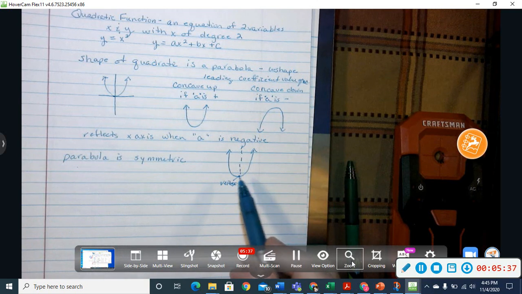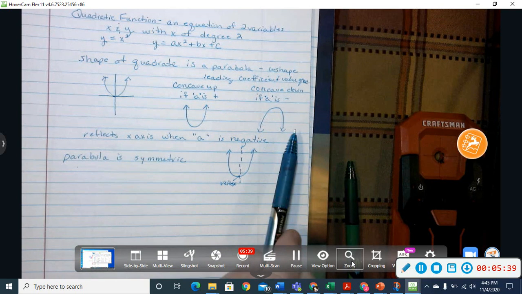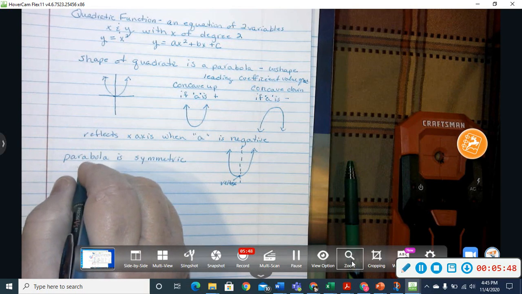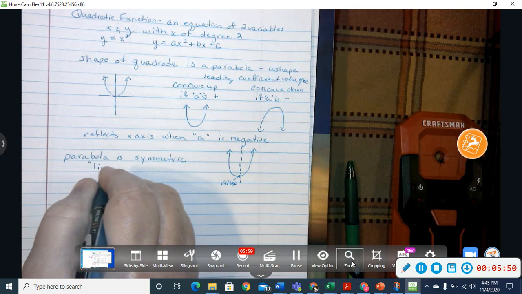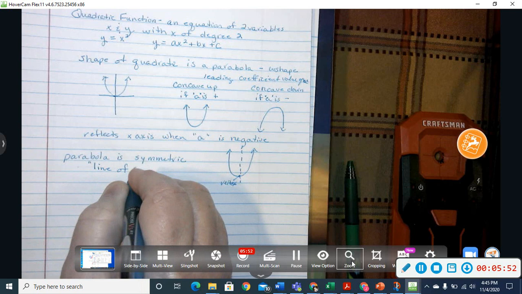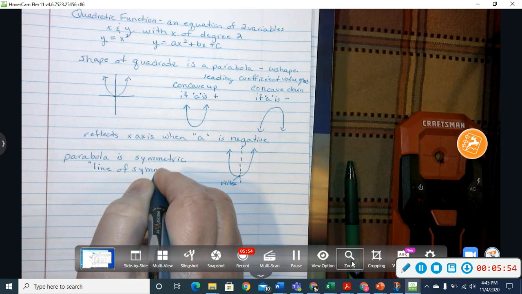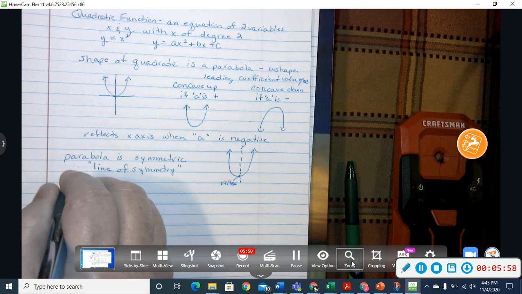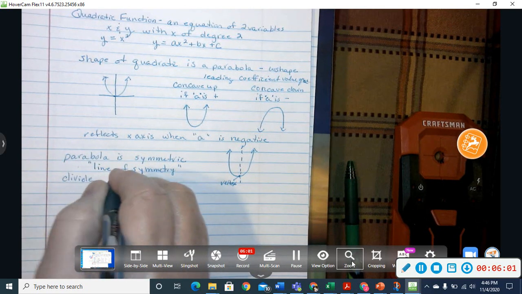And that doesn't matter whether the parabola is concave up or concave down, that would still happen, that line through the vertex. And so that is called a line of symmetry. And it divides the parabola into two equal parts.